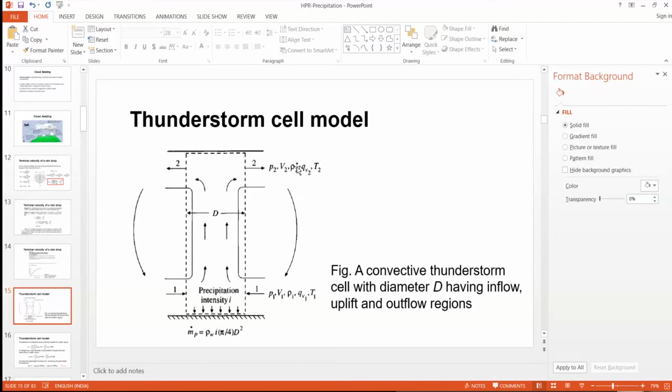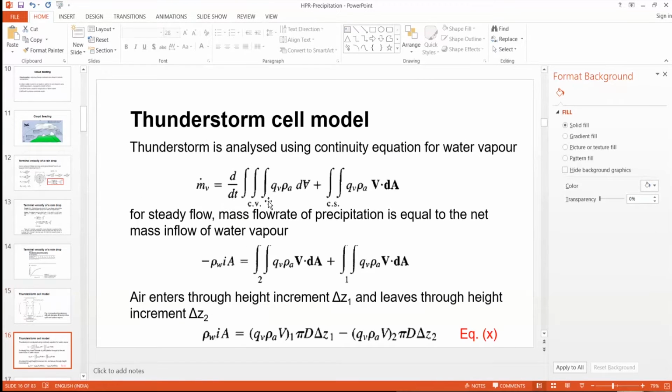This dry air, because dry air has higher mass, descends, and during descent it again gets moisture content, and again goes into the control volume. So let us apply the continuity of water vapor.